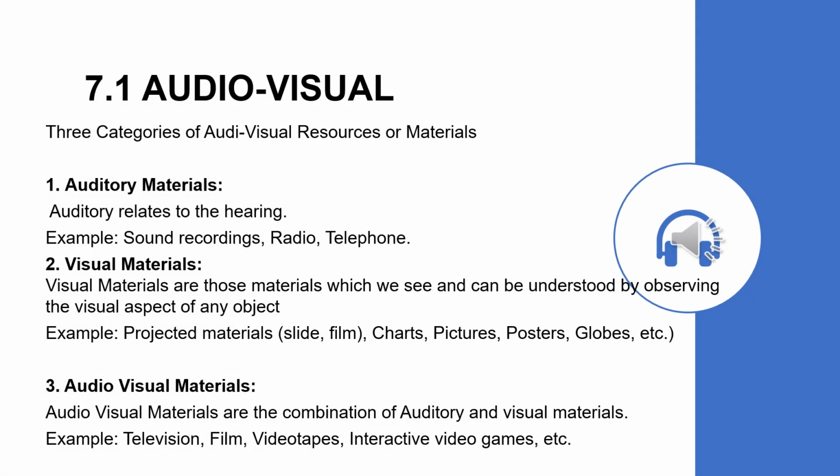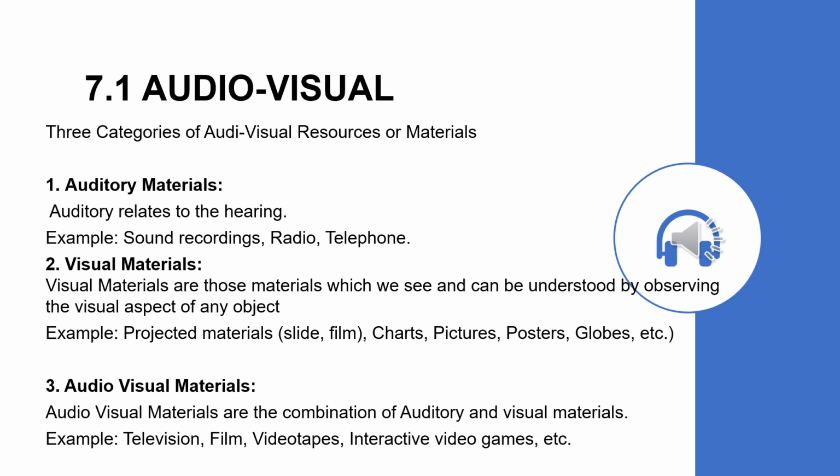Audiovisual materials or resources may be divided into three categories. 1. Auditory materials. Auditory usually refers more to hearing than to sound. Examples are sound recordings, radio, telephone. 2.